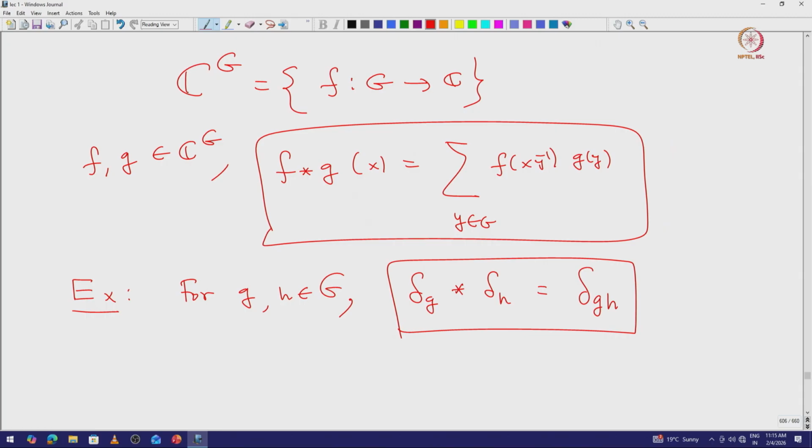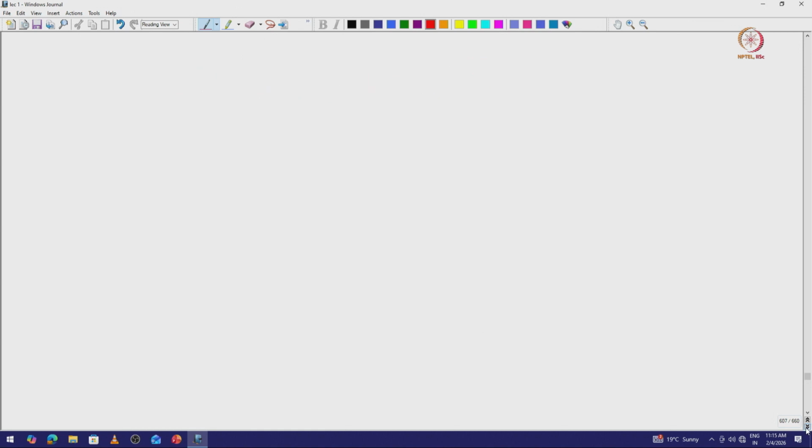So now using this we are going to verify that this star indeed gives us an associative multiplication. For that, let us see how one can simplify the product.